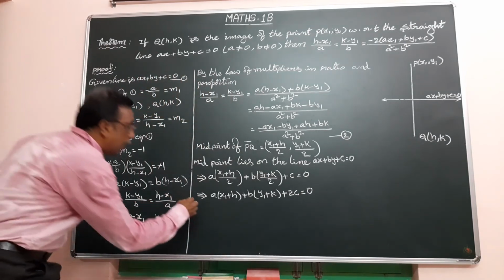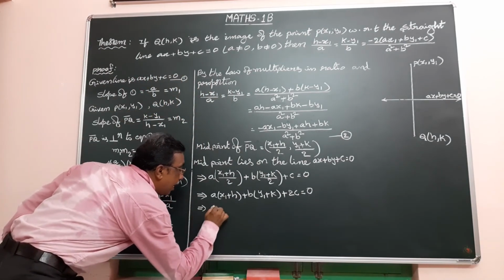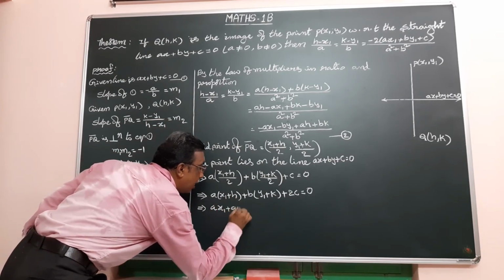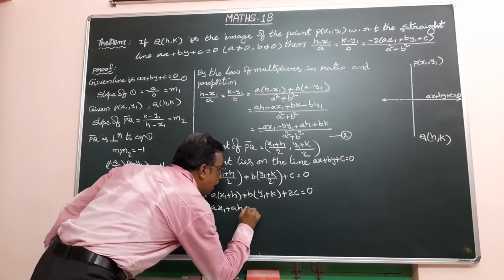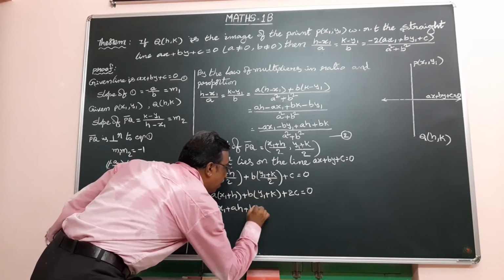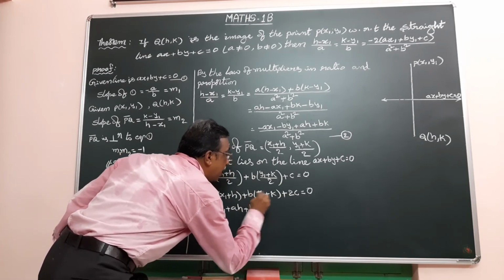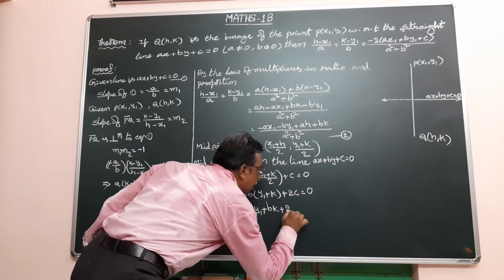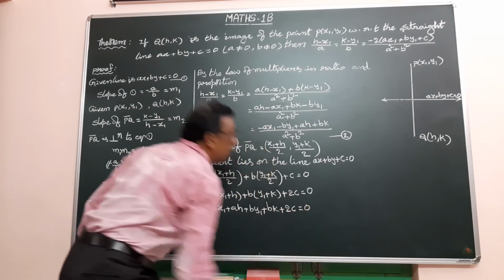That implies ax1 plus ah plus by1 plus bk plus 2c equal to 0.